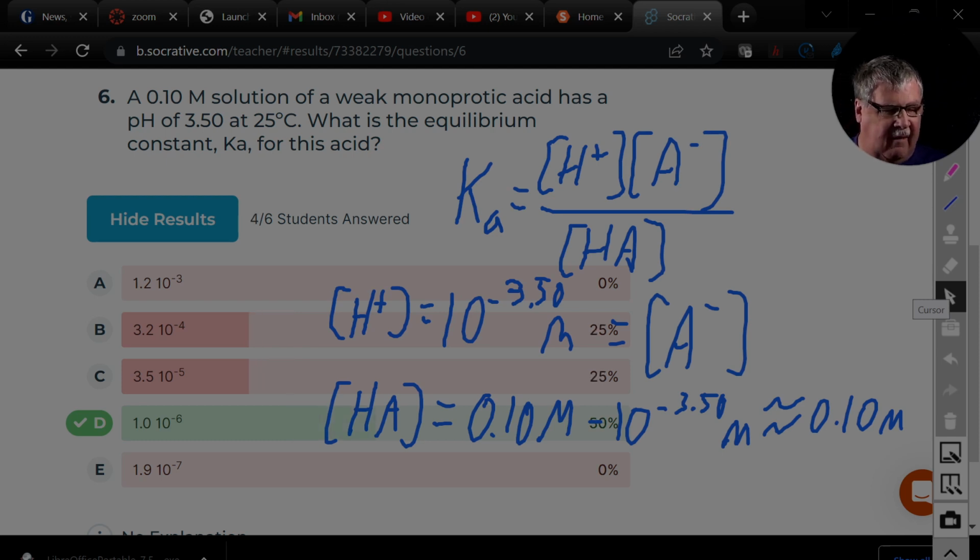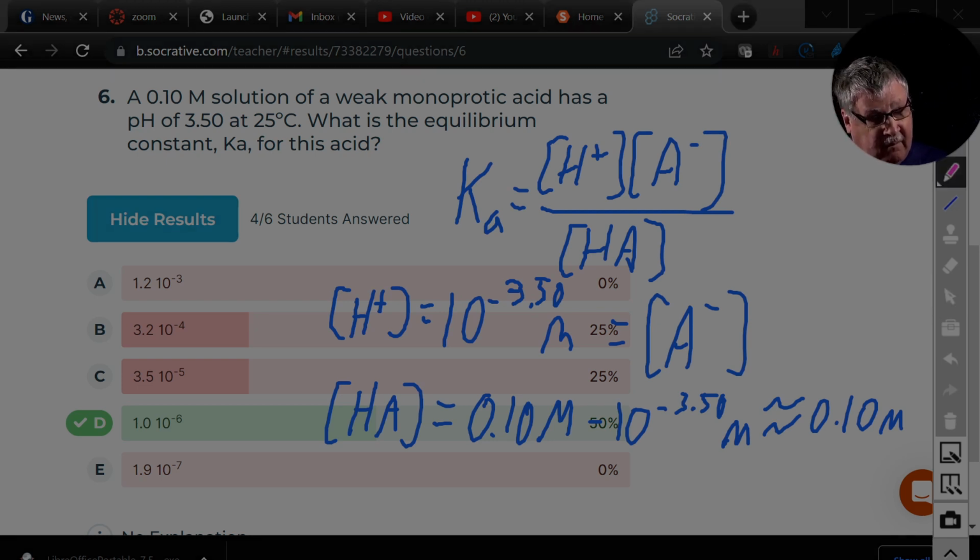The concentration of hydrogen ion is 10 raised to the negative 3.50 molar. That's also equal to the concentration of the conjugate base. If I multiply those two numbers together, I get 10 raised to the negative 7th.